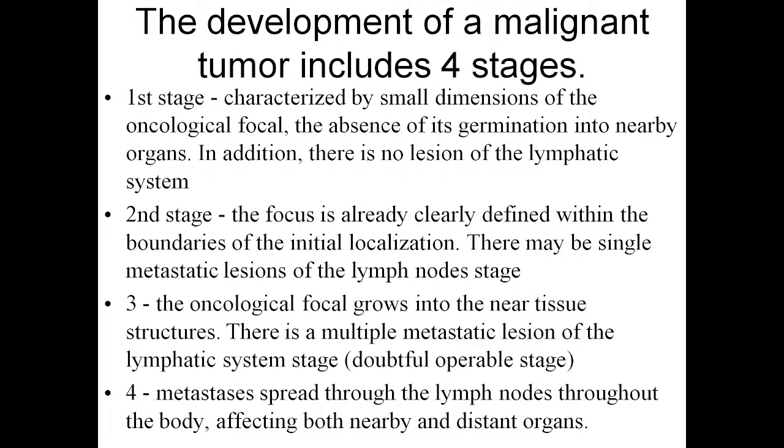Development of the malignant tumors includes four stages. The first stage is characterized by small dimensions of the oncological focus and the absence of its germination into nearby organs. In addition, there is no lesion of the lymphatic system.